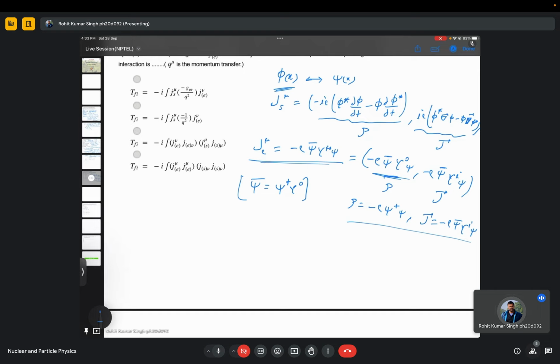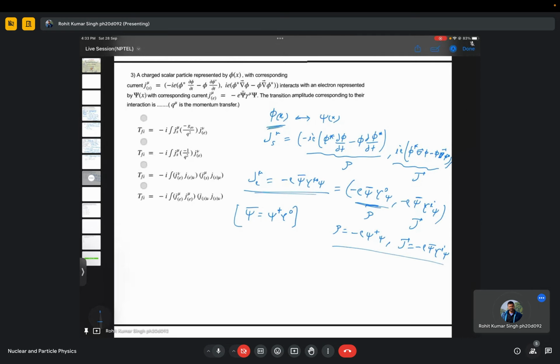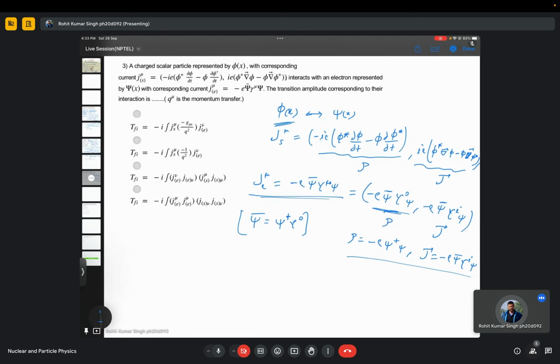So yeah, these things you might have seen in the lectures, right? And for a scalar field we have these rho and J. Now how do we write the transition amplitude for their interaction? So any idea?